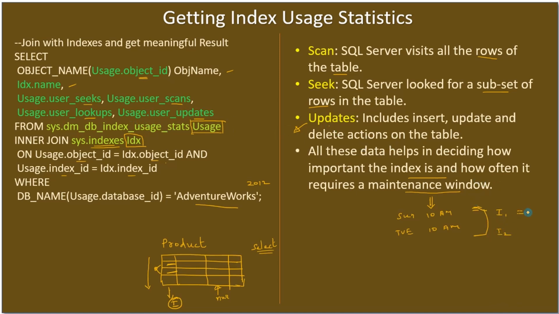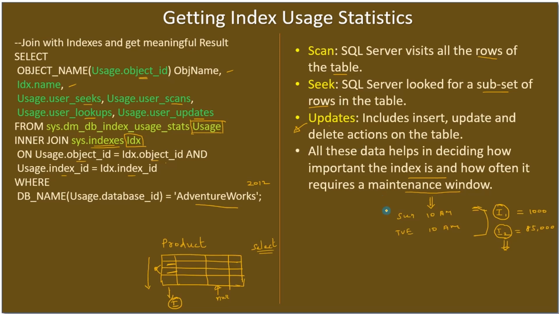Index 1 shows 1000 updates and index 2 shows 85,000 updates. So you can tell your DBA that index I2 may need a maintenance window quite often compared to I1. Since there are huge updates on this, it will most probably get fragmented more quickly than index I1, because there are only 1000.